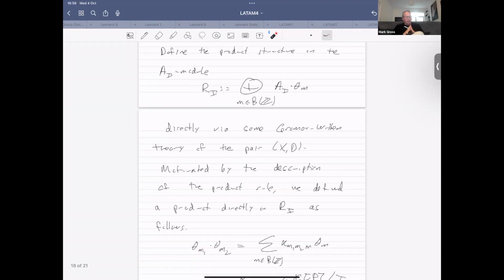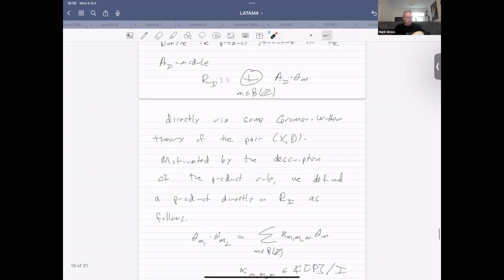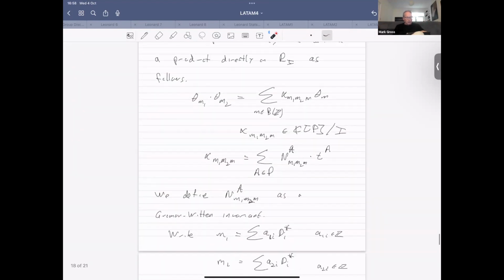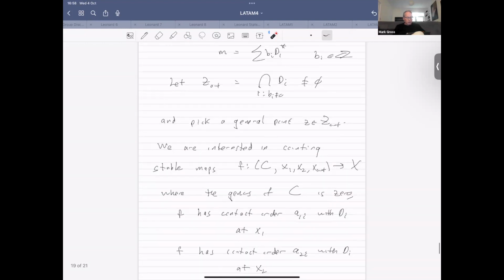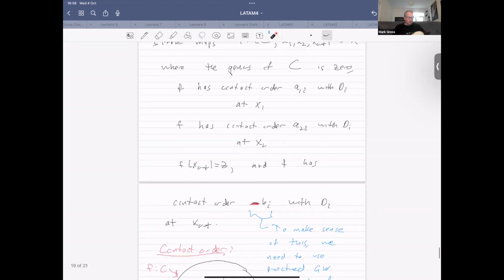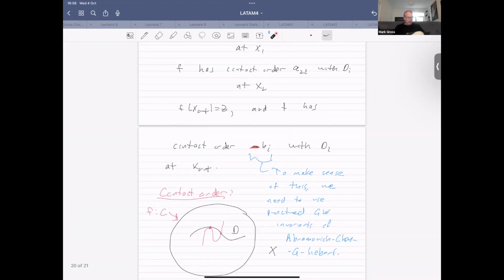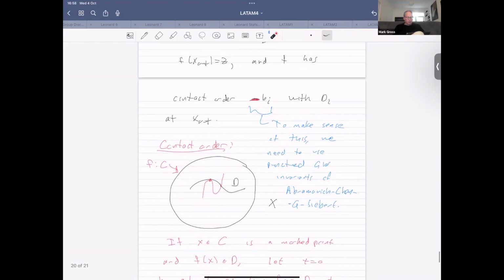Why is it reasonable for this kind of gadget to have anything to do with the mirror? It's because we had this sequence of ideas about how instanton corrections are supposed to allow us to understand what the mirror is. And that was what I hope I got across. So next time I will get into the nitty-gritty of how we start to define these kinds of Gromov-Witten invariants. And I hope I'll have time to finish the story.